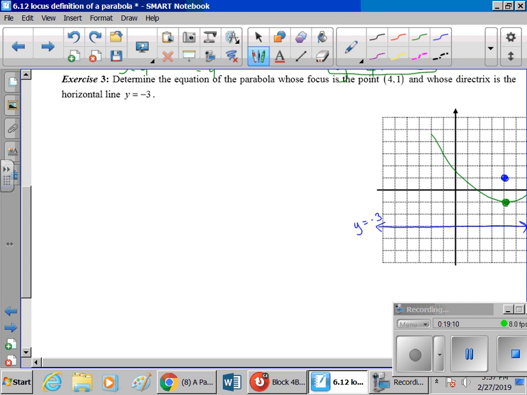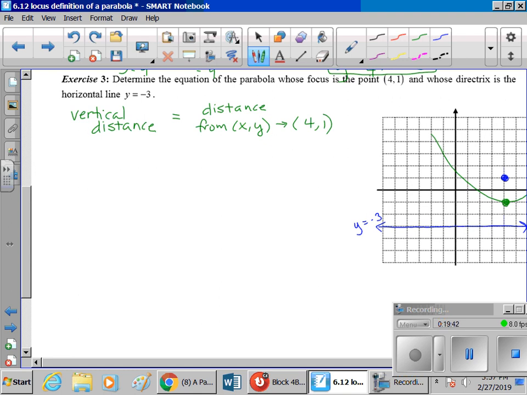So in order for me to do this, again, I'm going to remind you that on one side of the equal sign, we're going to have the vertical distance from the point to the directrix. And on the other side, we're going to have the distance from xy to the focus, which is at 4, 1.